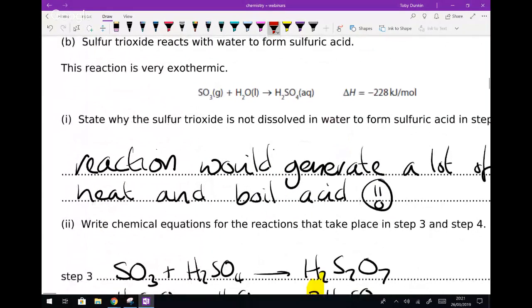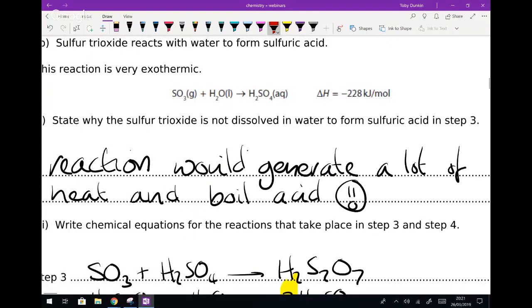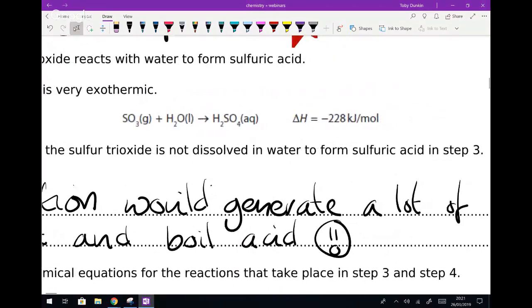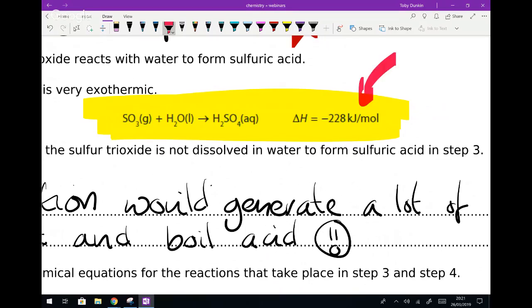Next, state why sulfur trioxide is not dissolved in water to form sulfuric acid in step 3. This they can ask. Why would you add in another step? Well, if they ever ask you this and give you an equation, the answer is in the data. It's in the equation. In this case, the answer is in the question.